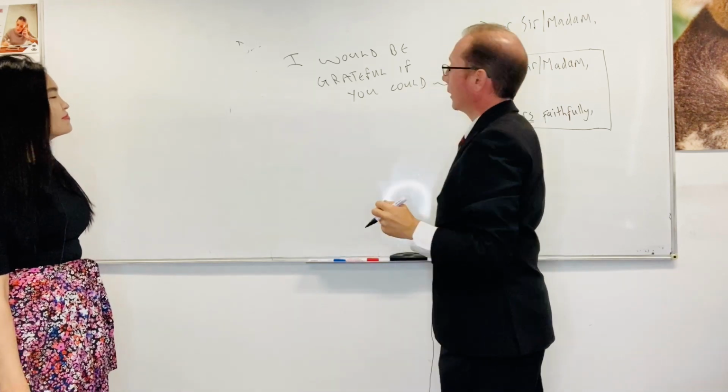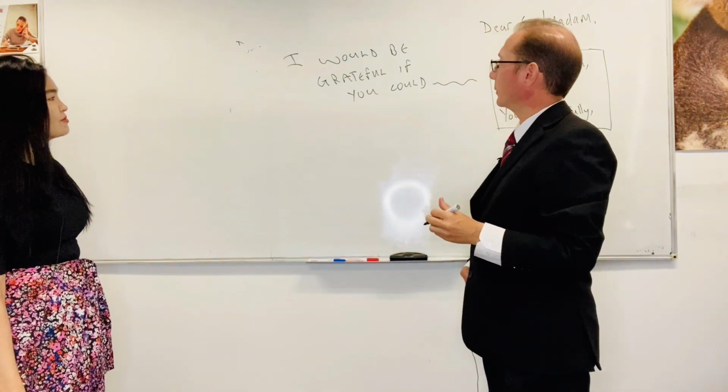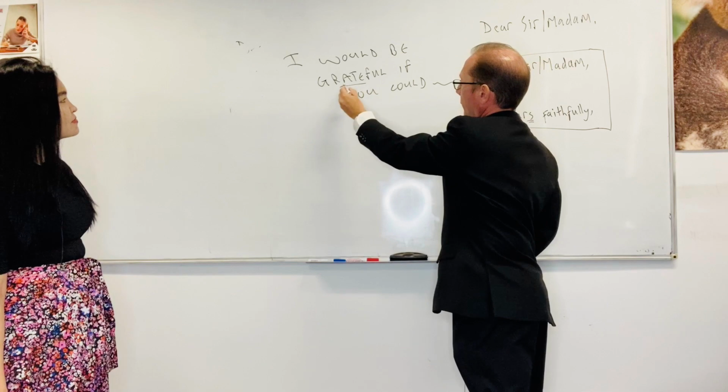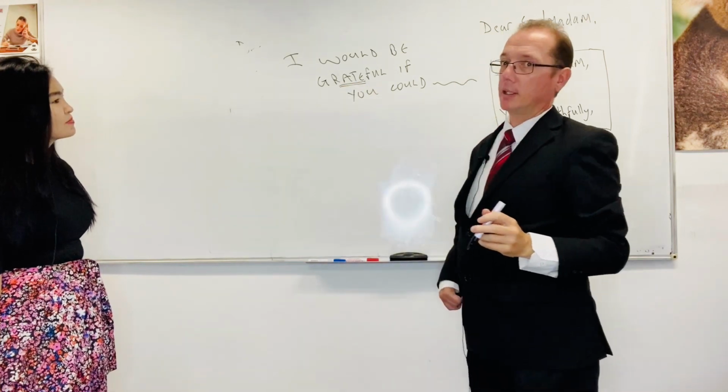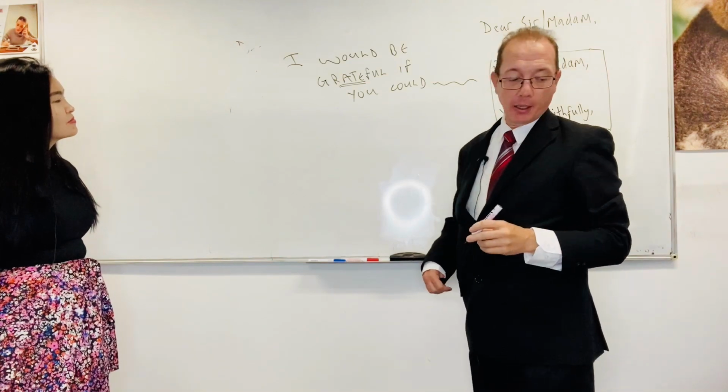Or I would be very grateful, or I would be extremely grateful if you could blah blah blah. Be careful how you spell grateful. It's A-T-E, not E-A-T, which many students write.